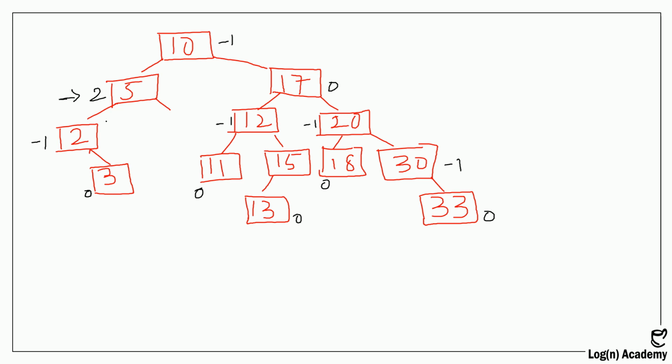So we need to apply a rotation, and what rotation would we apply? We would apply the LR rotation, because as you can see here, one node is on the left hand side and then one is on the right hand side.